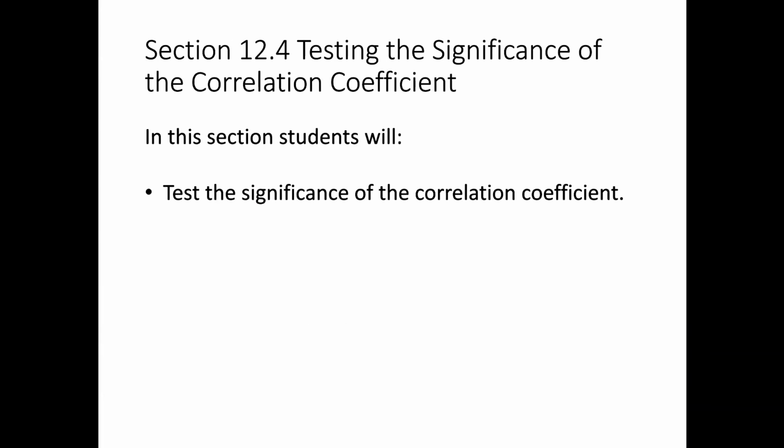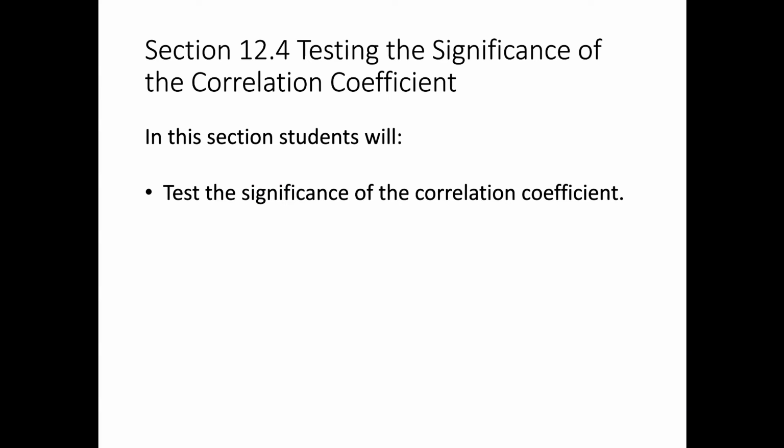All right. So let's test the significance of our correlation coefficient. Now, the problem we just looked at in section 12.6, they test the slope. So there's two hypothesis tests you can do. You can do a hypothesis test to see if your correlation coefficient is sufficiently large to use a regression.